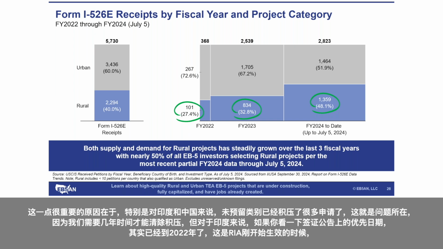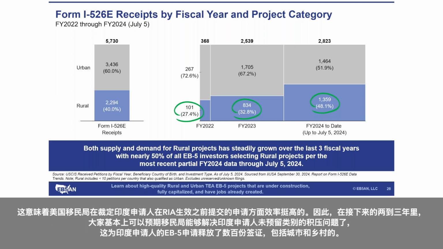But for India, if you look at the priority date on the visa bulletin, we're already into 2022, which is right when the RIA started, which means USCIS is pretty caught up in terms of adjudication for cases filed pre-RIA for Indians. And so over the next 2 to 3 years, it's a pretty reasonable expectation that they would clear out the Indian backlog in the unreserved category, which opens up hundreds of more visas available to Indians at large in the EB-5 category, including urban and rural.